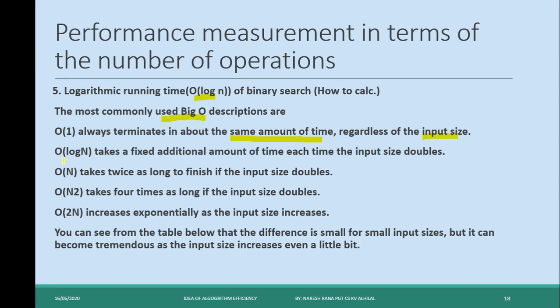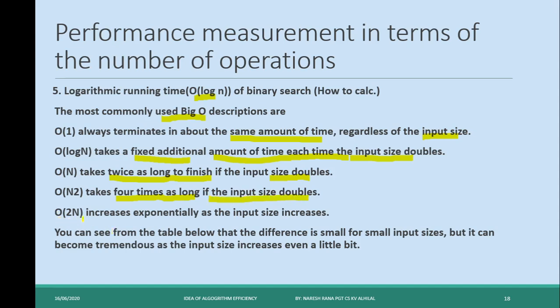Then O(log n) takes a fixed additional amount of time each time the input size is doubled. O(n) takes twice as long to finish if the input size is doubled. O(n squared) takes 4 times as long if the input size is doubled.